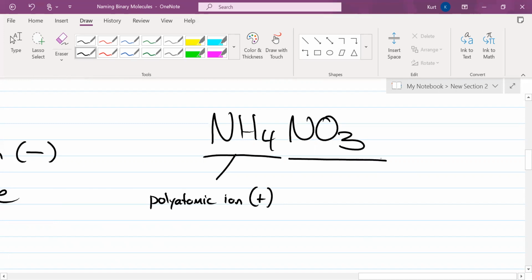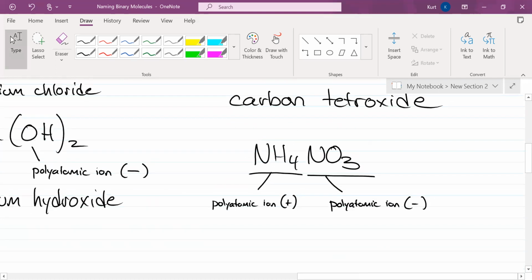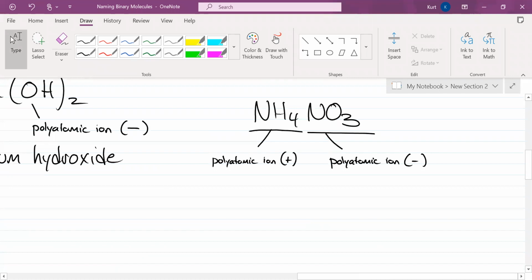And what is the other one? Go ahead. Very good. It is a polyatomic ion, and it is the negative one. So is this ionic or is this molecular? It is ionic. Do we use prefixes? We do not. So what would the name of this be? Ammonium nitrate.